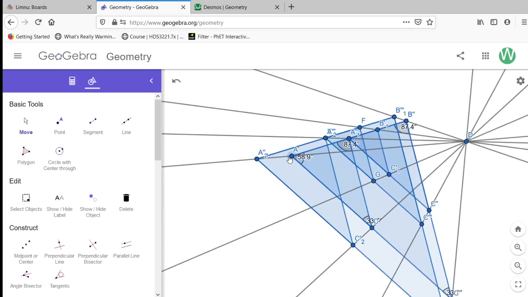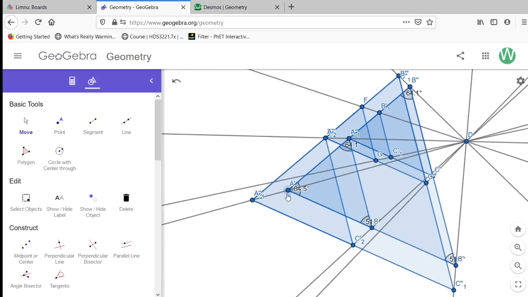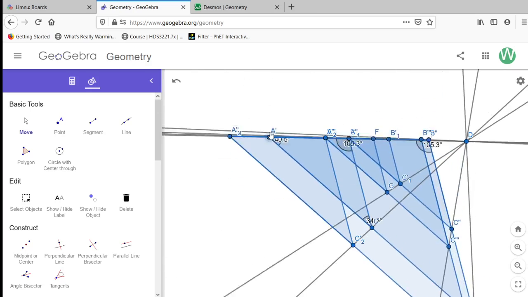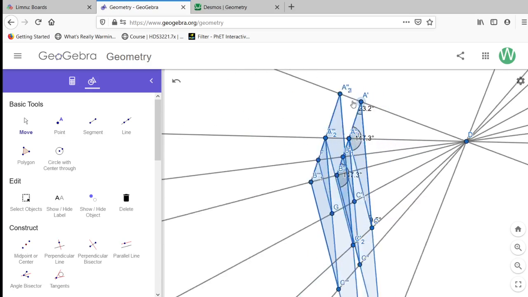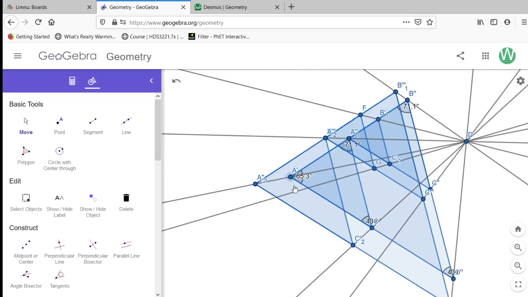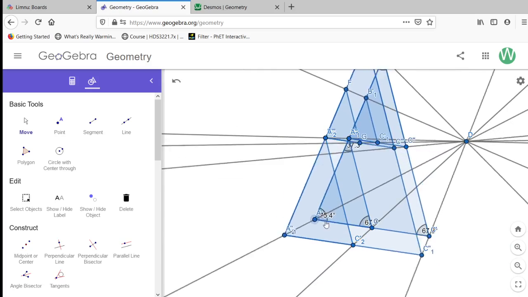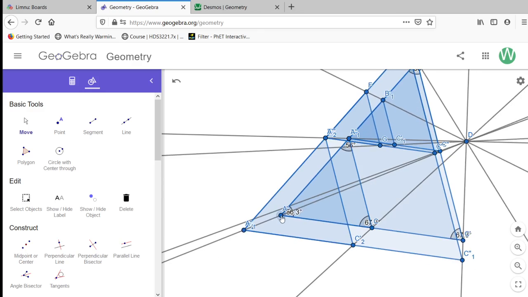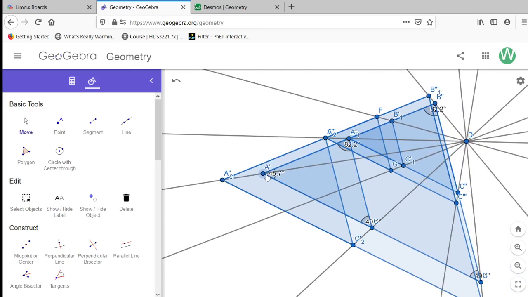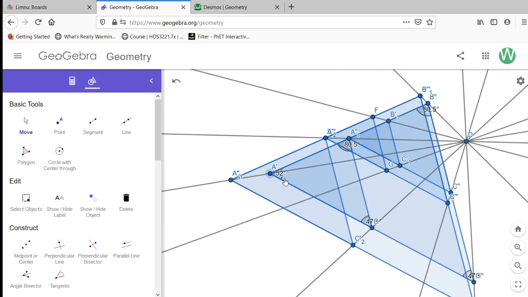So we can take these points that had some flexibility, move them around, and however we build it, they are all going to be following straight lines from that point from which they are being scaled. And those angles will be preserved all the way through. So 47.5 and a 47.5, 80.5 and an 80.5.